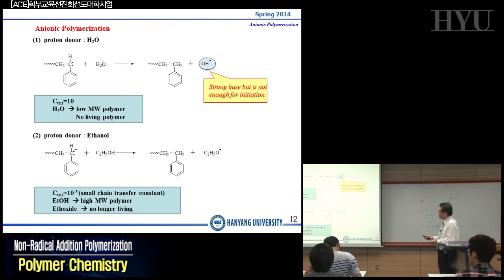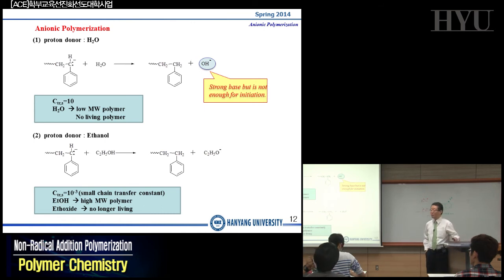Of course, you form the ethoxide, but this ethoxide is no longer living. It doesn't attack the monomer, so there is no action for the ethoxide to become an initiator. Anyway, this is the termination step, and you see the chain transfer coefficient is very high for water.